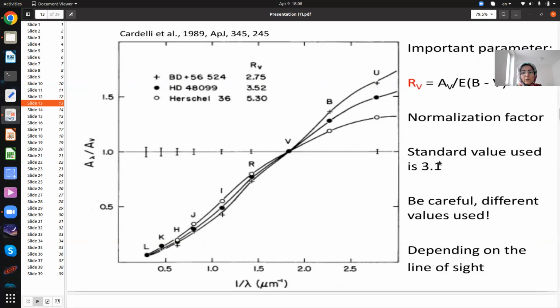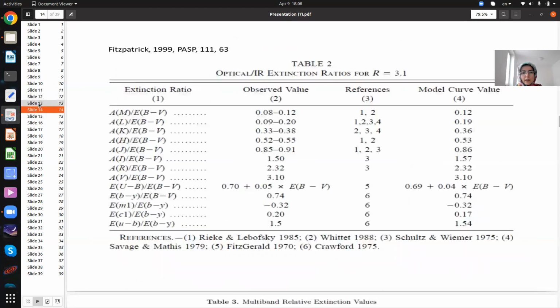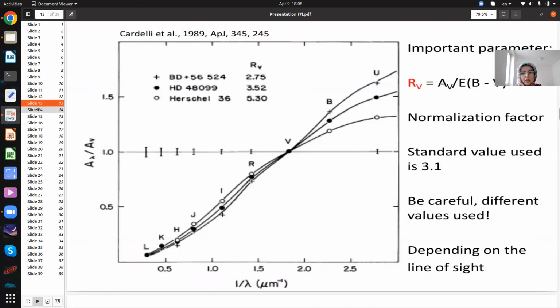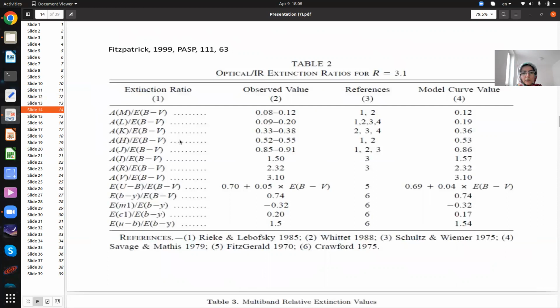And be careful, different values are used. It depends on the line of sight. And you see here the ratio of absorption over extinction. We can say that absorption is for 1 filter and extinction is for 2 filters.